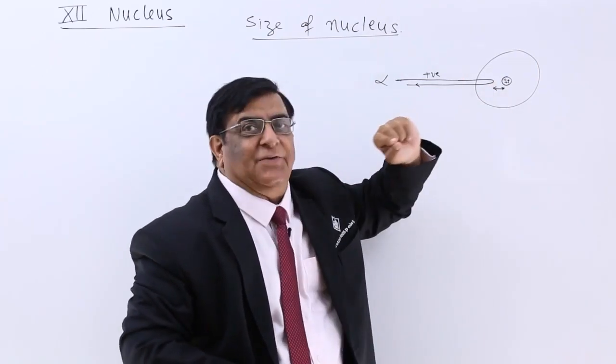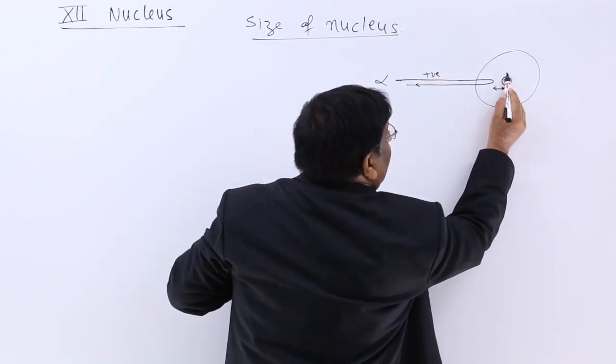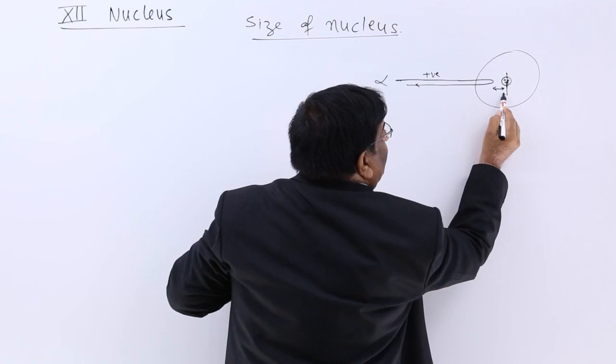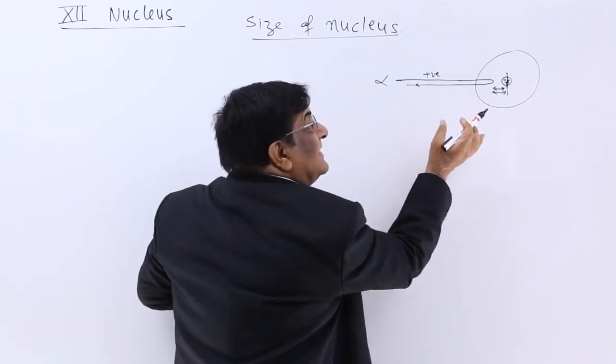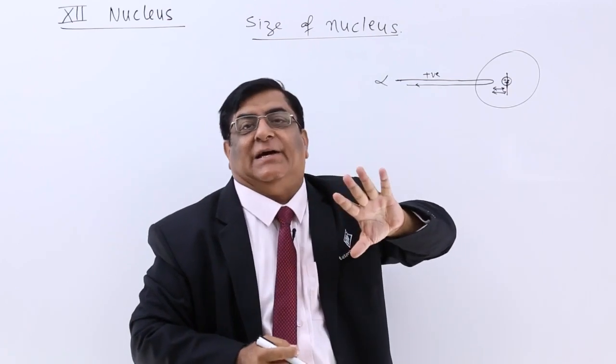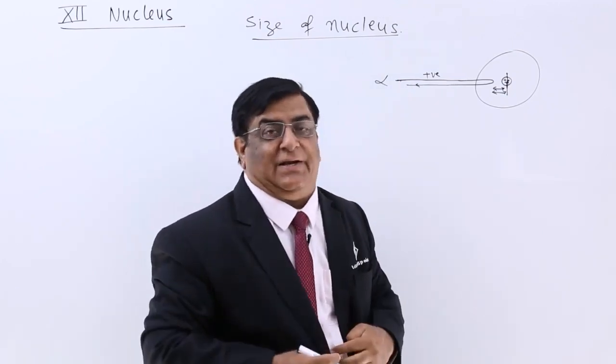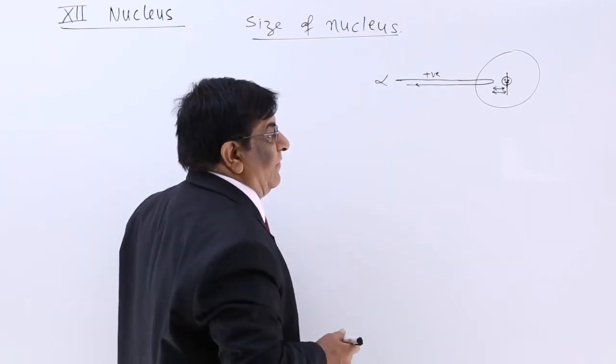So this distance gives us an idea that the size of the nucleus should be within this range. That range gives only an idea that the size should be smaller than that, not larger than that. And this we did with alpha particles.